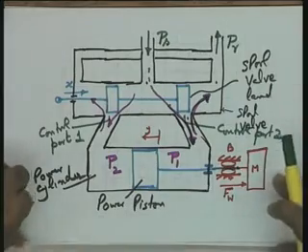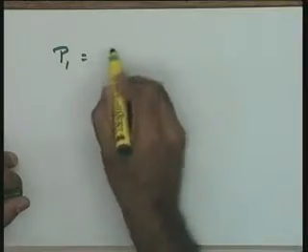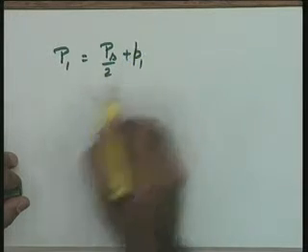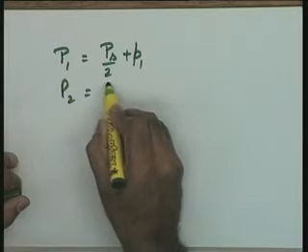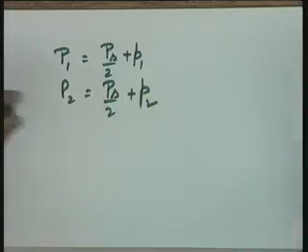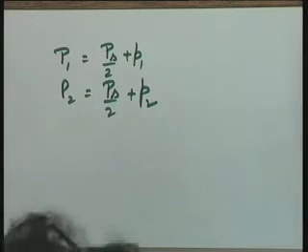And let me say that the pressure P1 becomes equal to P1 pressure. What was the steady state, please? Ps by 2 plus p1. And let me say P2 pressure is equal to Ps by 2 plus p2. Well, p1 and p2 both I am taking plus, it simply means that these are algebraic quantities.